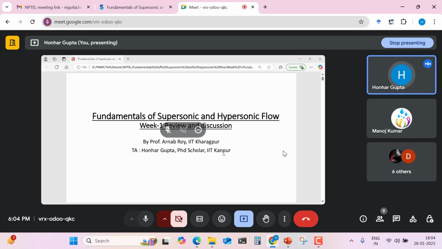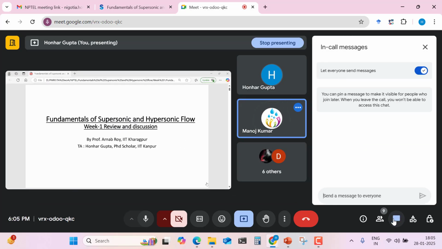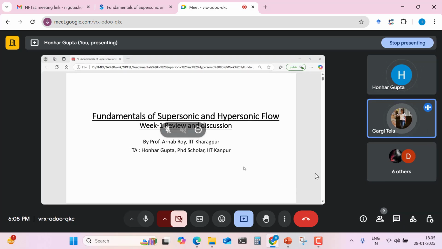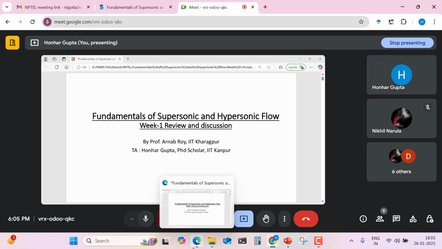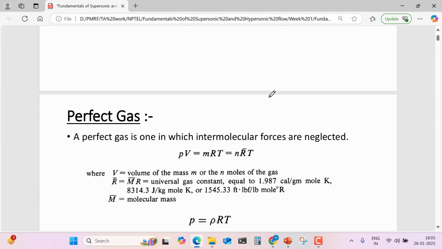Everyone else is able to see the screen? Other people, I am able to see the screen, sir. No, I am asking other people if they are able to see the screen. I am able to see, sir. Your screen is visible. Then I think the issue is on your side, Manoj. Okay, I will join, sir. Again, I will cut and join. Okay.